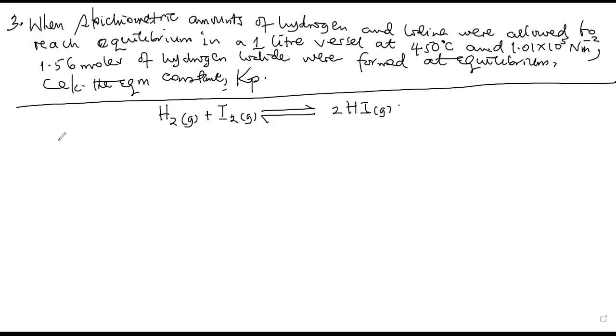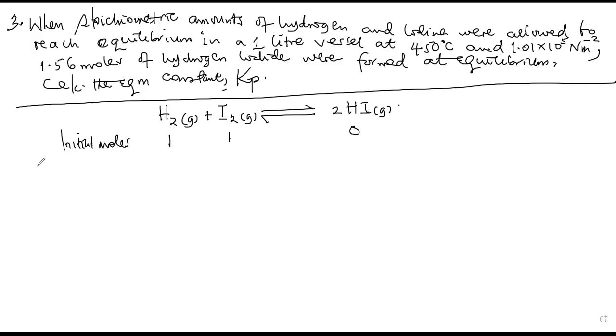So here we shall have the initial moles. Here we have 1, as you can see, stoichiometric amounts, which means that the amounts were shown by the equation. So 1 mole, then 0 initially.